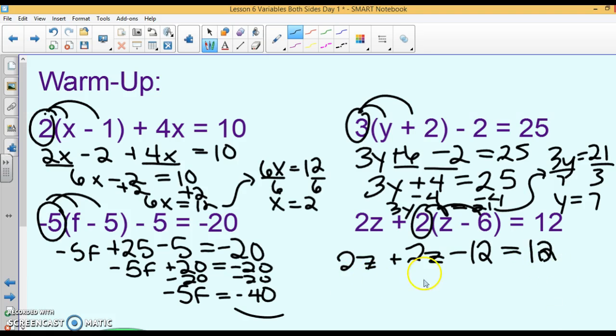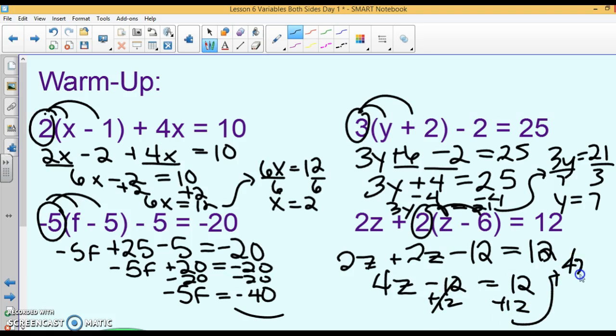I can combine my 2z and my other 2z to get 4z minus 12 equals 12. Add 12 to both sides. I'm left with 4z equals 24. Divide by 4 on both sides, and I will get z equals 6.